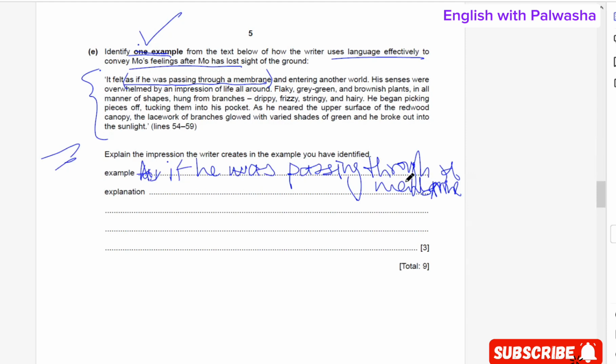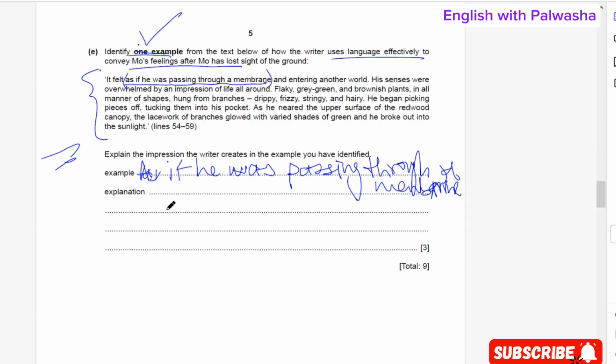Now you are going to explain it. It means now how the writer uses language effectively to convey Moo's feelings. Moving through, the writer has used language effectively by explaining that moving through a barrier, maybe he was breaking a cell wall or reminiscent of birth or hatching. And how are you going to explain this?